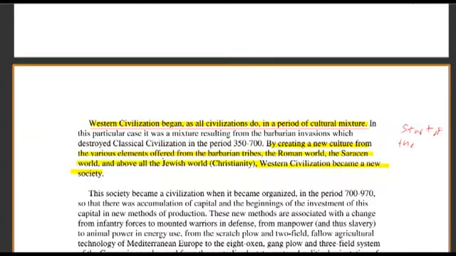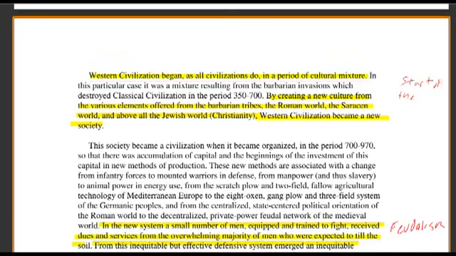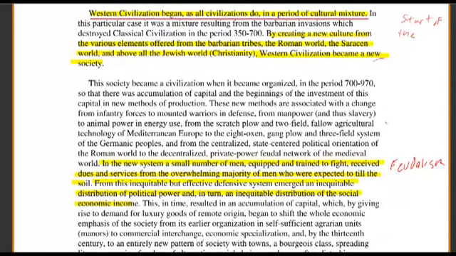Okay, here we're going to do a breakdown, a forensic history of Western civilization. It came out of the Roman period, or the classical civilization, and from the pieces of the Roman civilization, it started its own society.